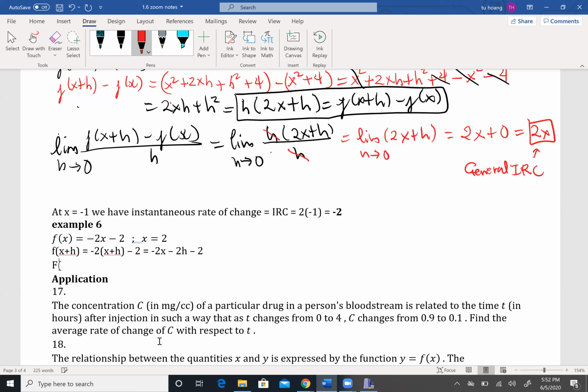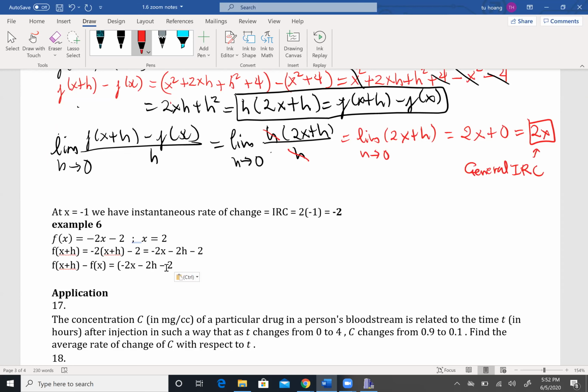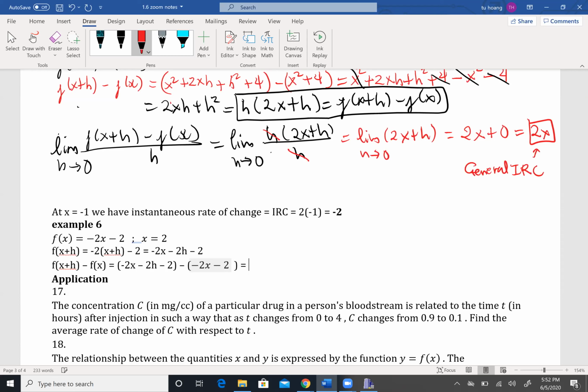So I have f of x plus h minus f of x. This will be equal to, let's copy this down and have parentheses, and then minus a parenthesis of this guy, close the parentheses, and now I will simplify it.